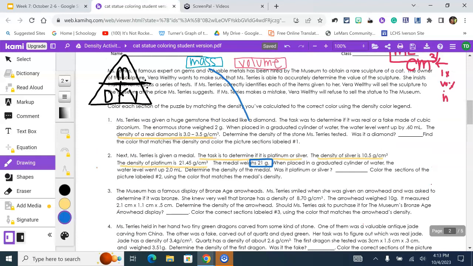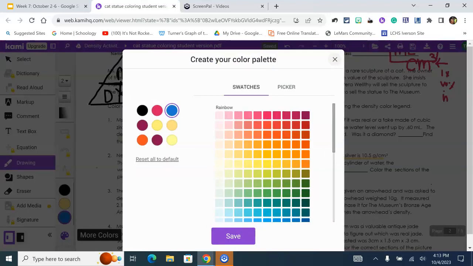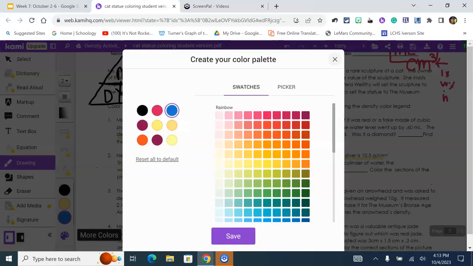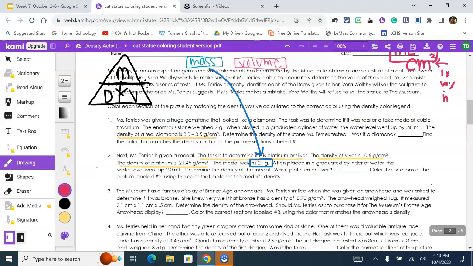I'm going to use my highlighter and put a blue box around the mass. When placed in a graduated cylinder of water, the water level went up, I'm going to get my pink highlighter out, it went up 2 milliliters.